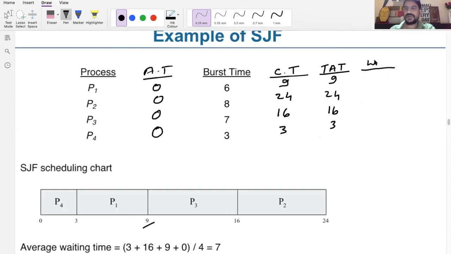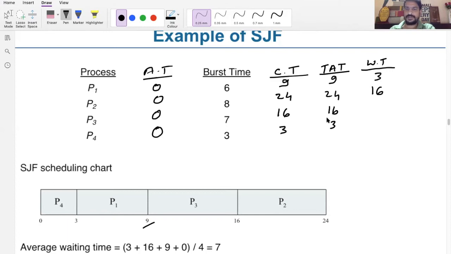Now let's go to the waiting time. The formula of waiting time is turnaround time minus burst time. For process 1, the burst time is 6 and the turnaround time is 9, so 9 minus 6 is 3, the waiting time. For P2, 24 minus 8 is the waiting time, so it will be 16.